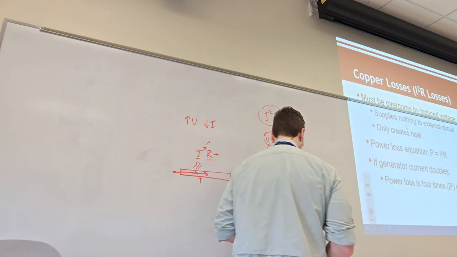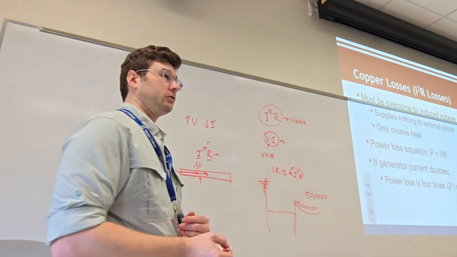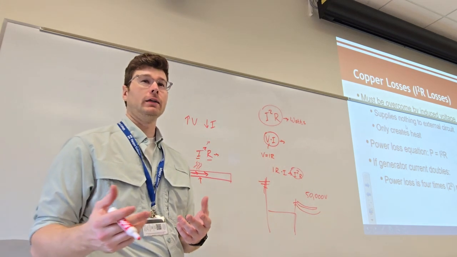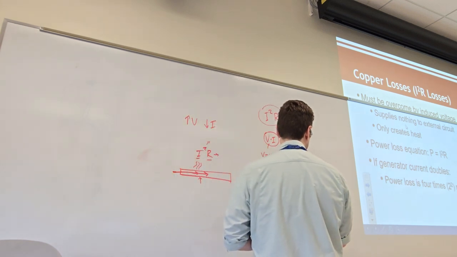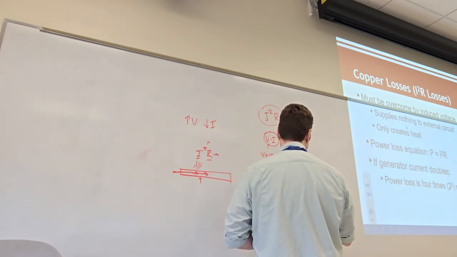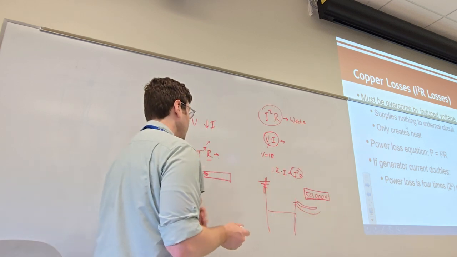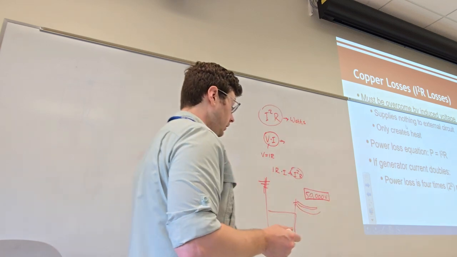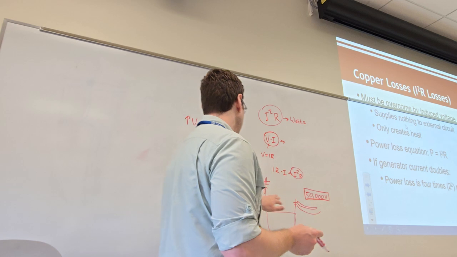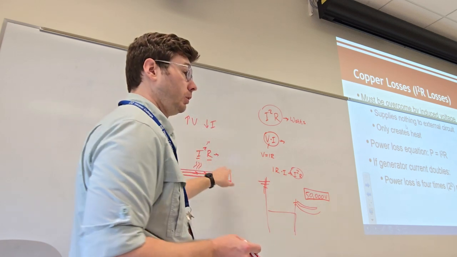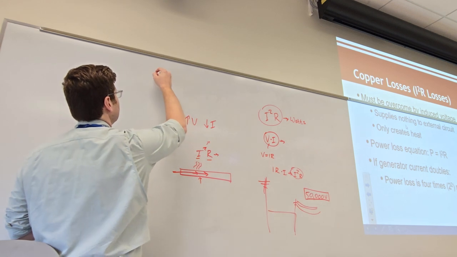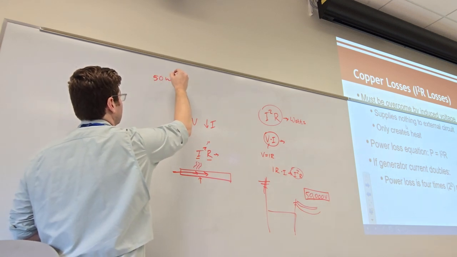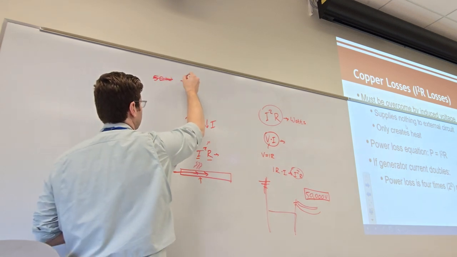Why do they not run at 120 volts like the rest of the house? Why do we have that big old substation there? The reason is because we would lose an immense amount of power transferring the same amount of power using 120 volts than using 50,000 volts. If we have a 50 watt system, or call it 100 watts.